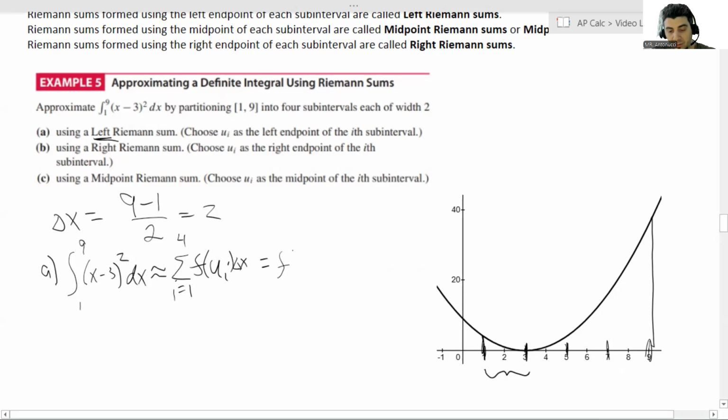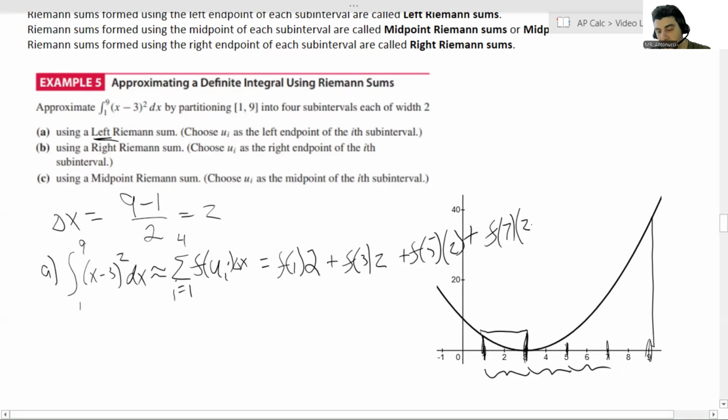So that's going to be f of 1 times 2. Plus, the next subinterval goes from 3 to 5, so I would do f of 3 times 2 again. Plus the next interval, 5 to 7, so we do f of 5 times 2. And then the last one is going to be f of 7 times 2.